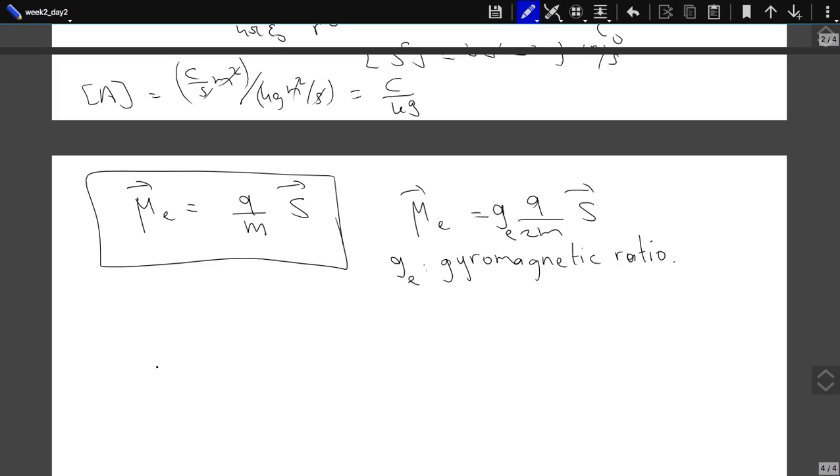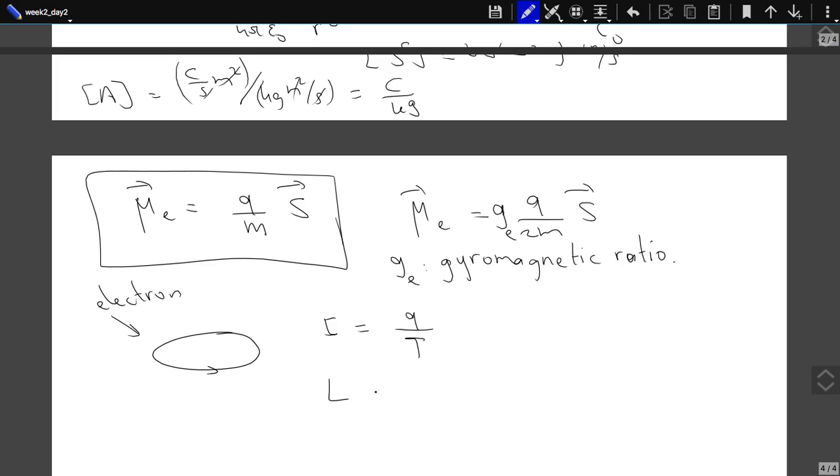Rather than taking the electron as a sphere, let's just assume that it's a ring. This is our electron. Not the orbit of the electron itself. So the current running through it will be Q over T, the period of the rotation of the electron.